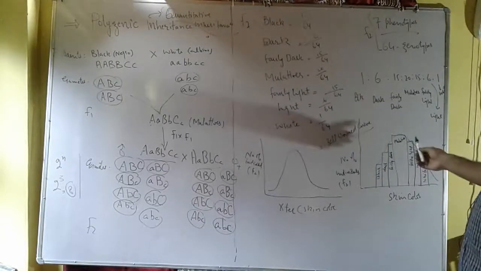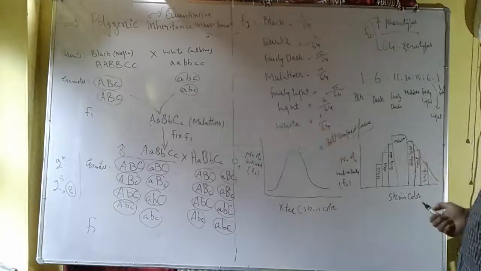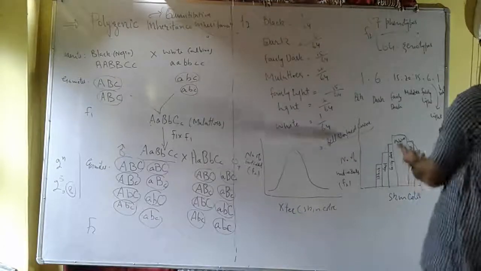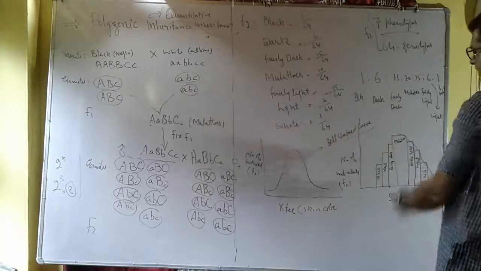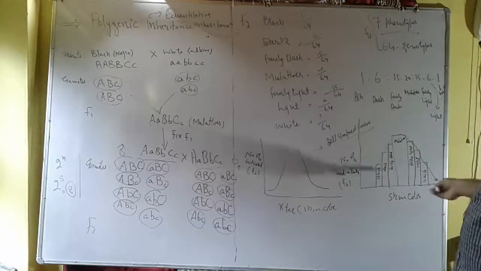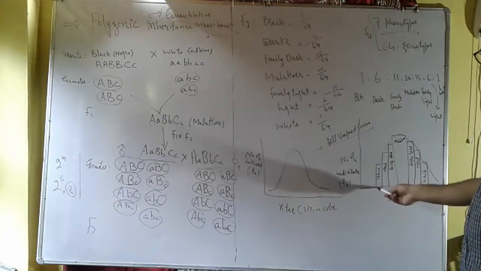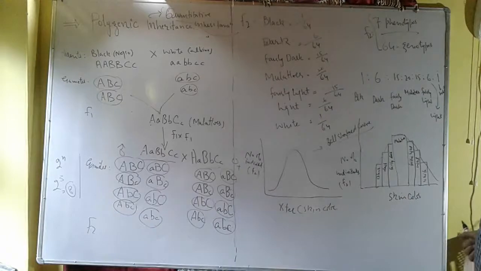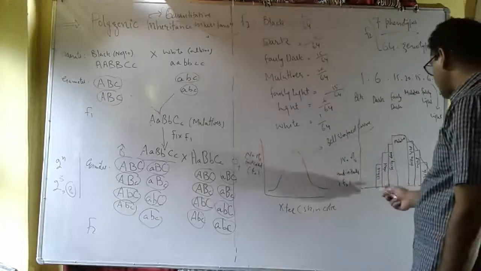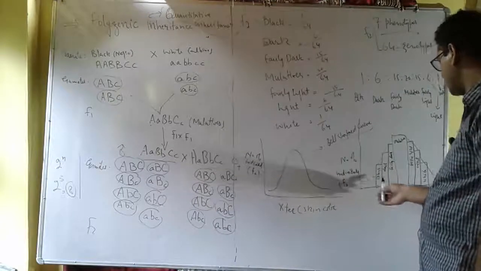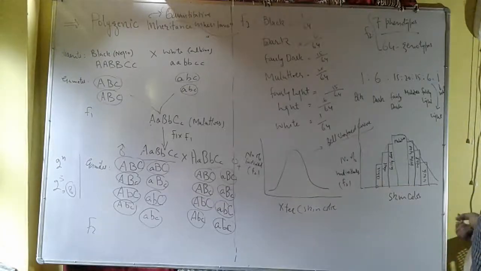So more frequent individuals have intermediate color, that is mulattoes, and the extreme phenotype is rare.